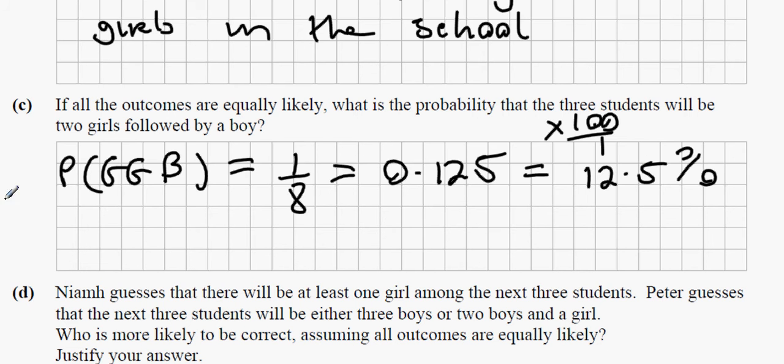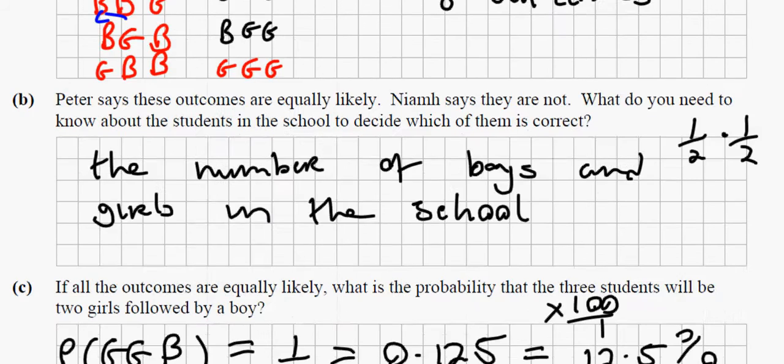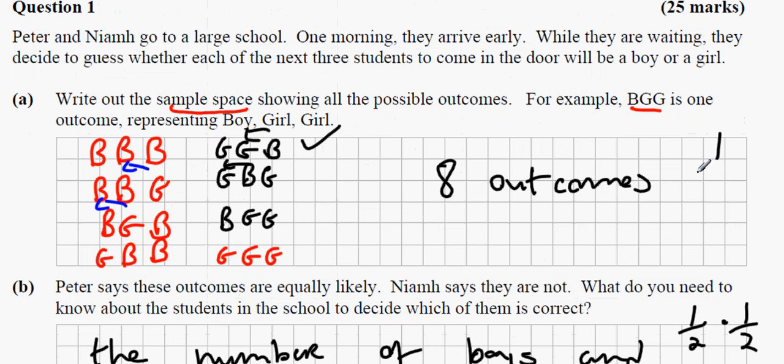Neve guesses that there will be at least 1 girl among the next 3 students. Peter guesses that the next 3 students will either be 3 boys or 2 boys and a girl. Which is more likely to be correct, assuming all outcomes are equally likely? For every outcome, there's a 1 in 8 chance, because there's 1 out of 8 outcomes.